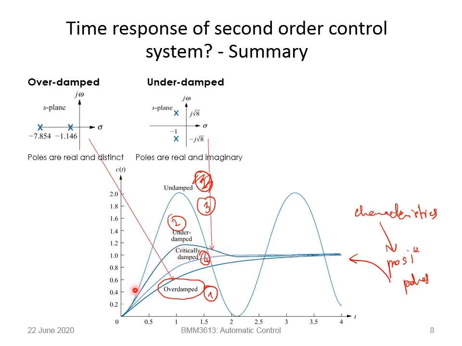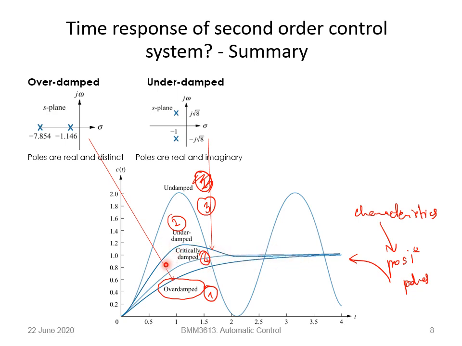It also has a decay. It goes to a finite value at the end, but before that, it has something we call overshoot. It goes across the level of the finite value before decaying into the steady state.